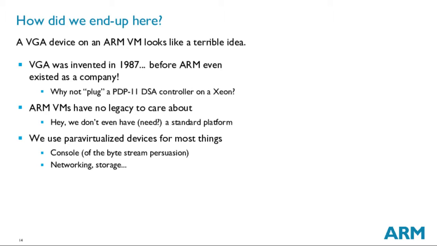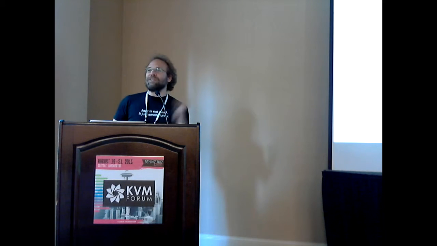So how did we end up here? VGA was invented in '87. Who was born in '87? Yeah, not that many. My personal joke is you wouldn't plug a PDP-11 DSA controller on a Xeon, would you?